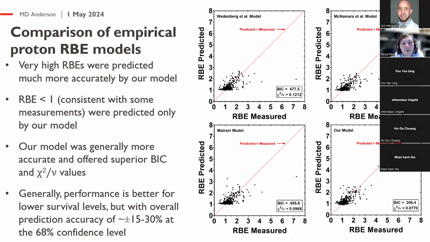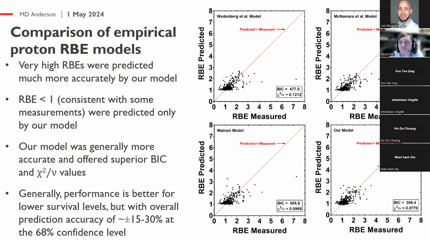But accounting for all these parameters, in the case of our formulation it seems to be on average the best. Importantly, the places where you can see it performing appreciably differently from the other models is that we don't have issues predicting very, very high RBE values, like you can see in the rightmost points. And our model is also capable of predicting RBEs less than 1, which have been observed in the case of protons.